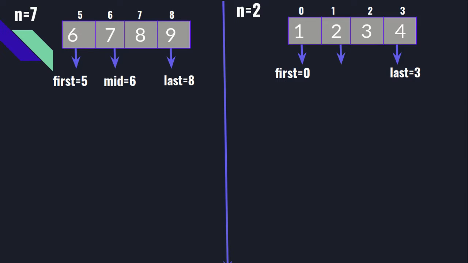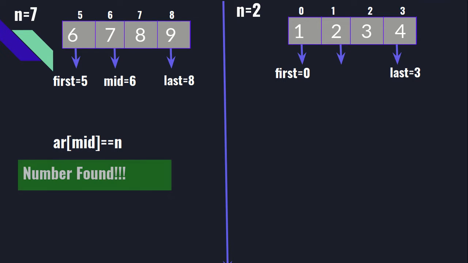So here the mid value will be 6, that is the average of first and last, and the mid index value is 7, that is nothing but equal to n. Yes, so here we found our number.